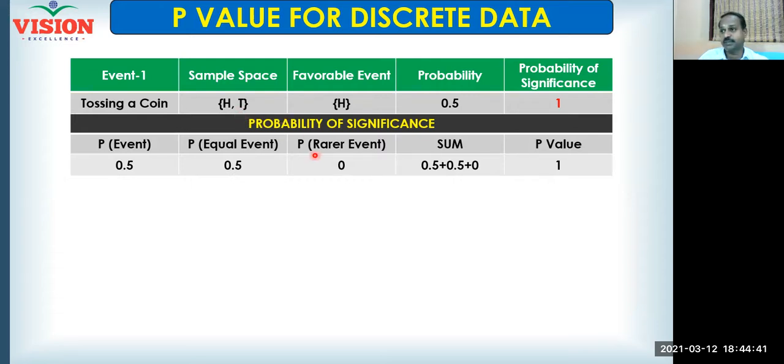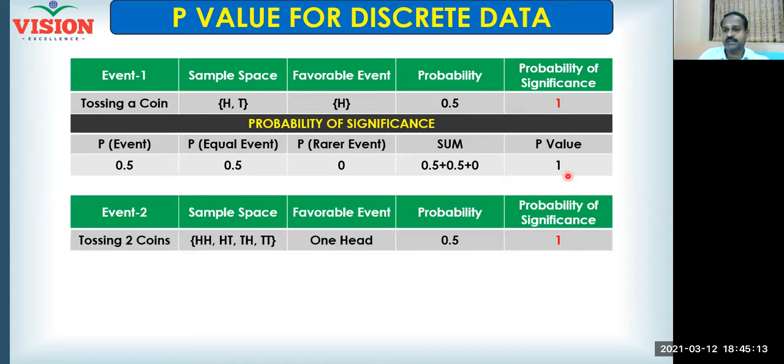No, nothing can happen. So the rarer event probability is absolutely 0 here. If you add all the three probabilities, the resulting probability is called the p-value. Now add 0.5 plus 0.5 plus 0, and how much does it come to? 1. So this is the calculation behind p-value. For any event that you are observing in your study, there is always an associated p-value, and that p-value can be calculated in this manner, provided your data is discrete.